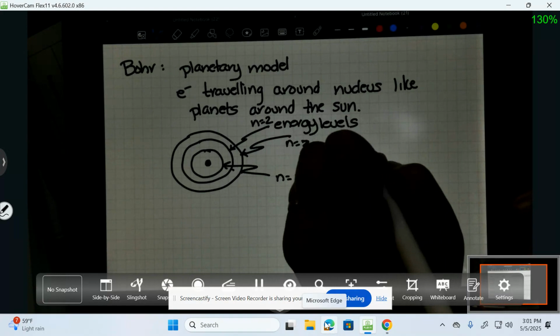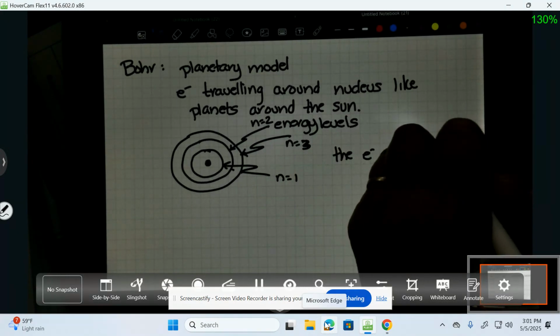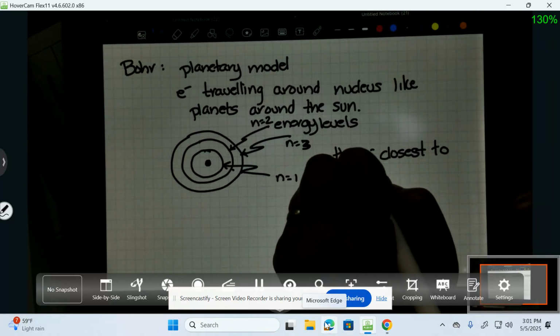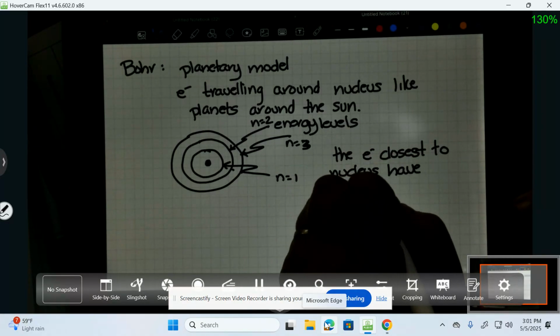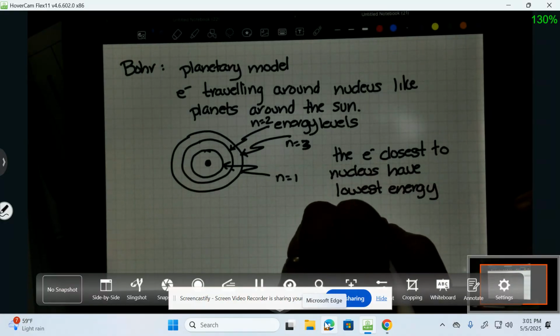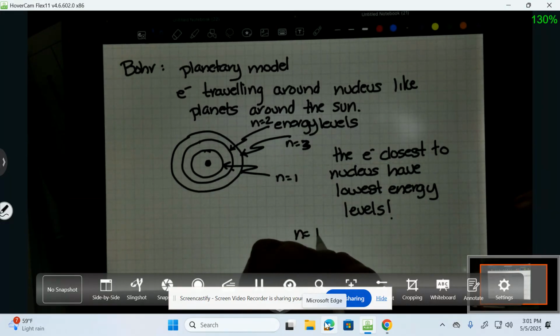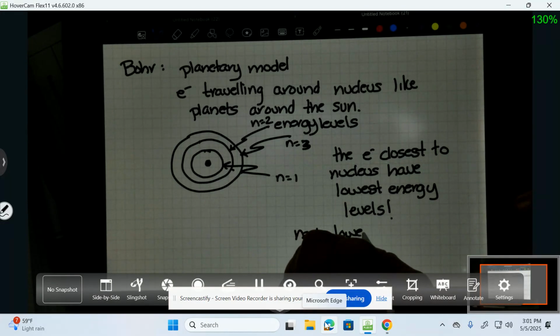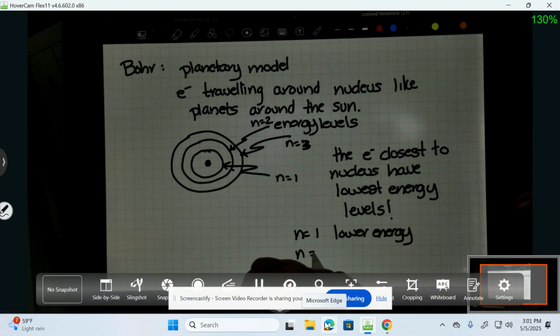The electrons closest to the nucleus have the lowest energy levels. So n equals 1 is lower energy than n equals 3.